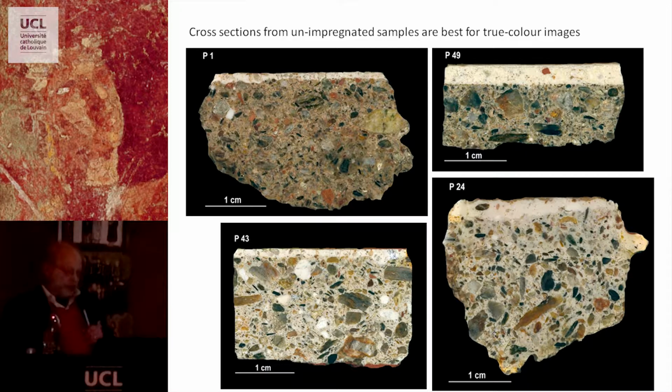And what you can see here, these are all from that site, all from the 2nd and 3rd century after Christ, and we have similar situations, so they are all from rather important representative rooms.